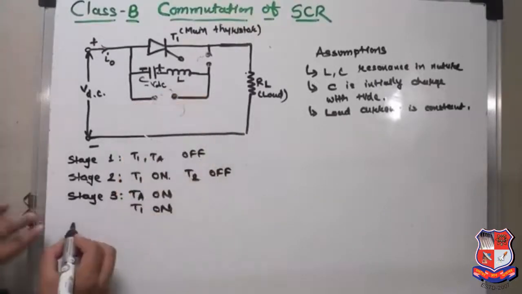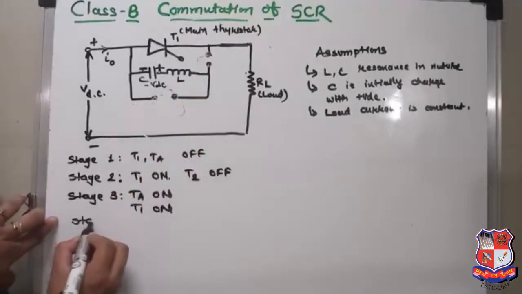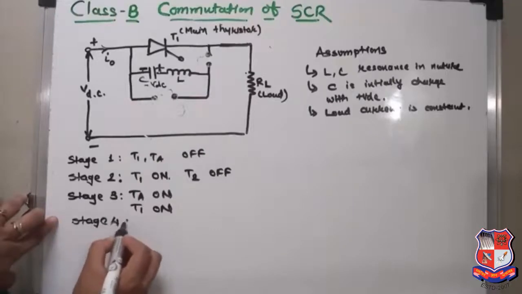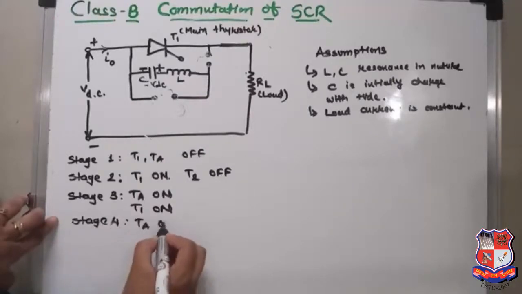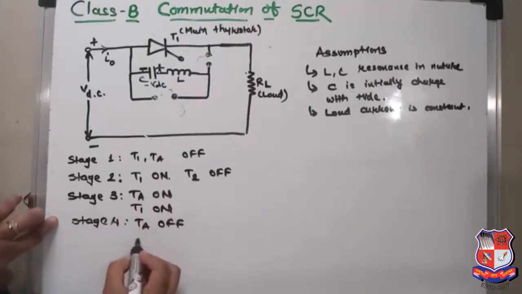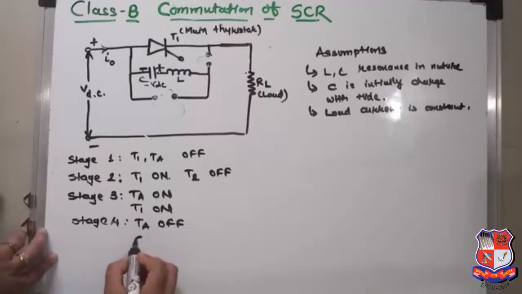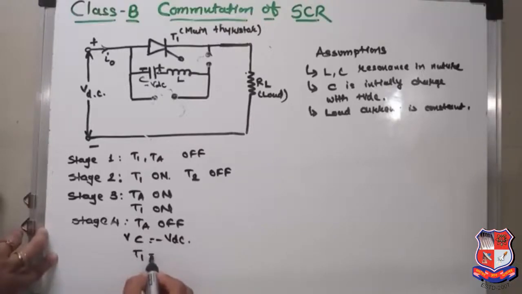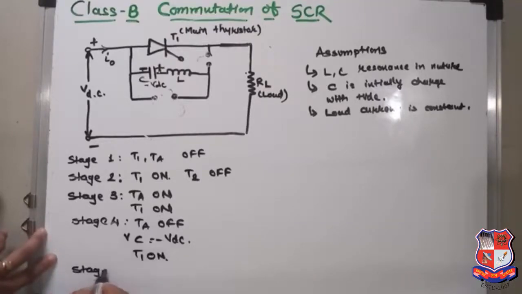Now in stage 4, TA is off, the capacitor voltage is equal to minus VDC, and T1 is still on.